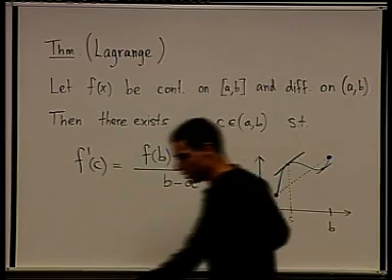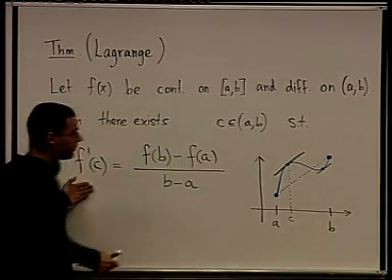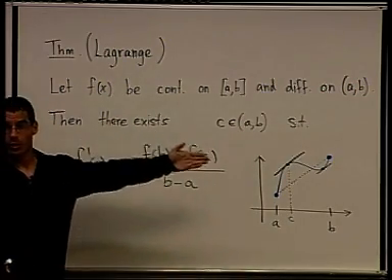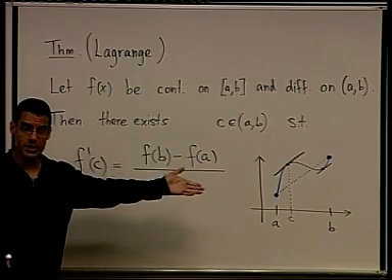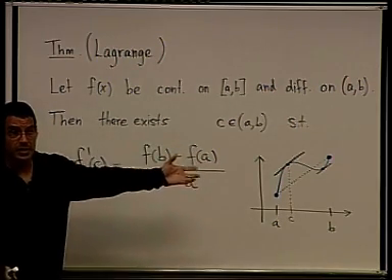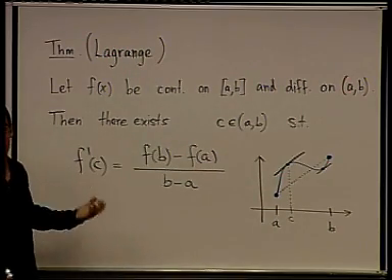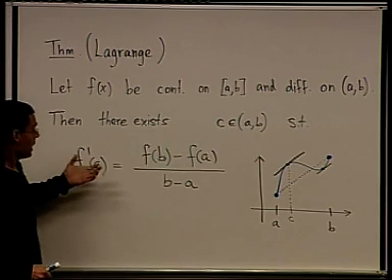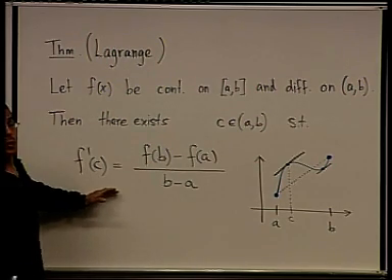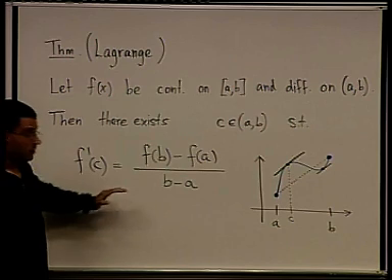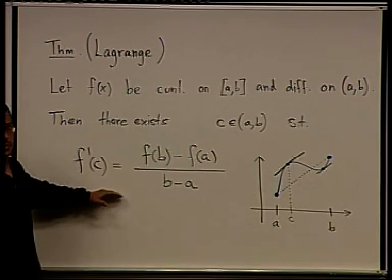What I want to show you is that Lagrange's theorem generalizes Rolle's theorem. Or another way to say it is that Rolle's theorem is a particular case, a special case of Lagrange's theorem. Why is that true? Suppose we already know Lagrange's theorem, suppose we proved this.